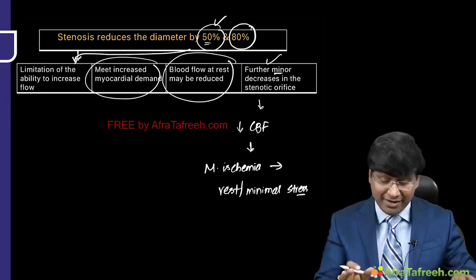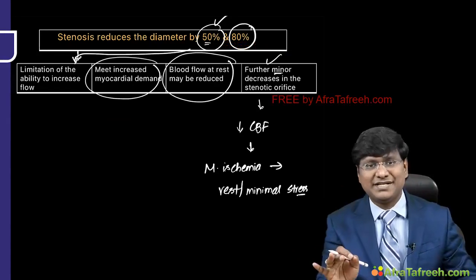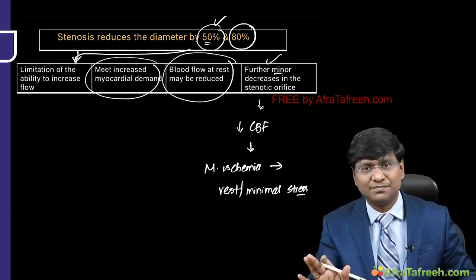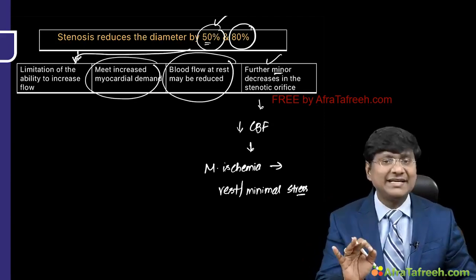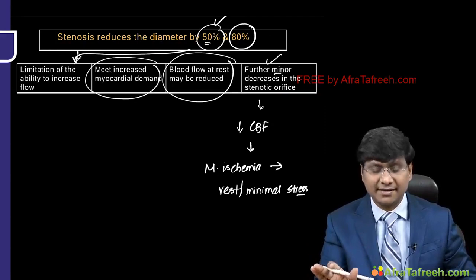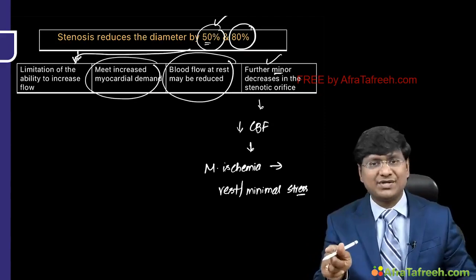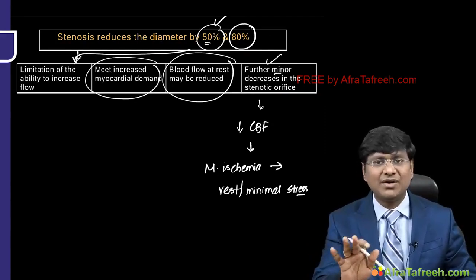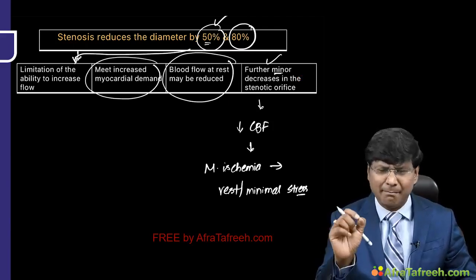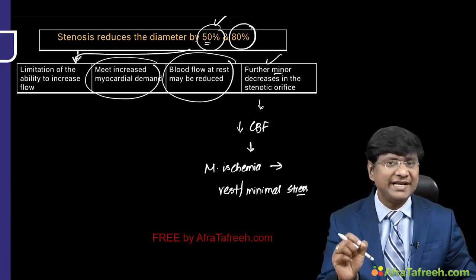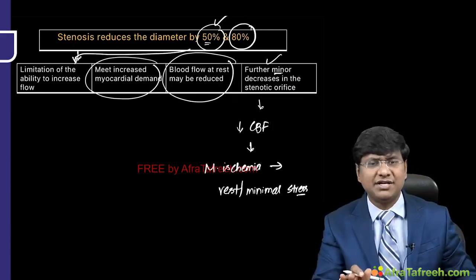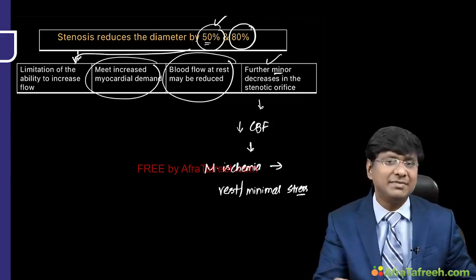Okay. So when the reduction is 50%, there is only limitation of the ability to increase the flow to meet the increased myocardial oxygen demand. Just only limitation. But when it is reduced by 80%, the myocardial oxygen demand cannot be met, and if a further minor decrease beyond 80% occurs, there will be dramatic myocardial ischemia at rest or with minimal stress.